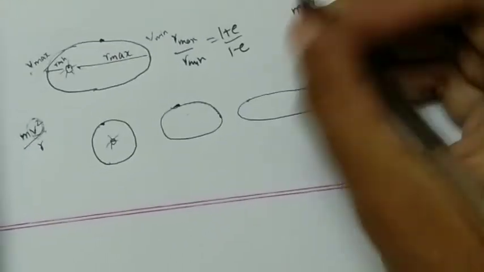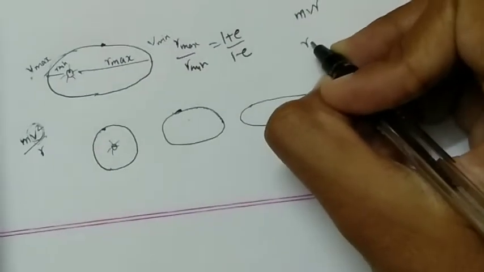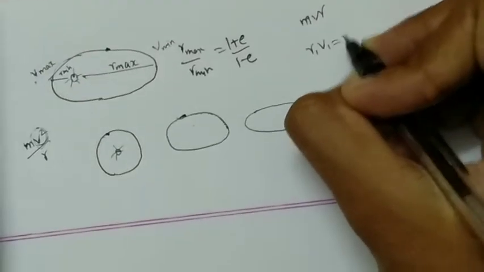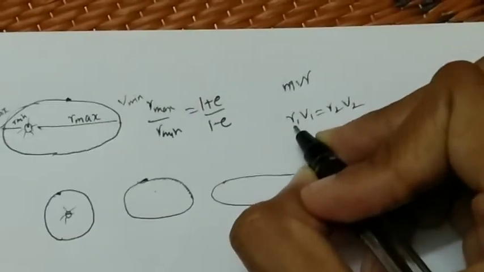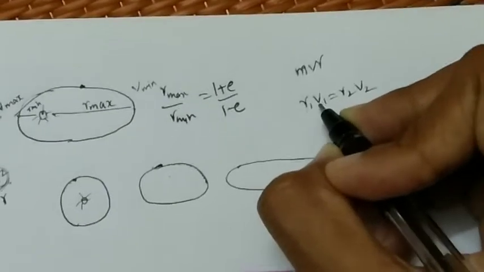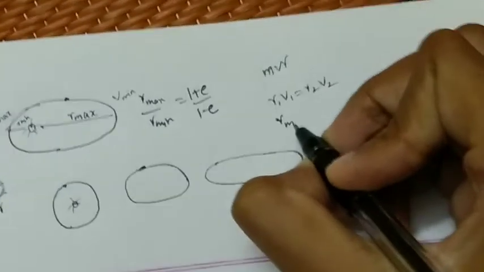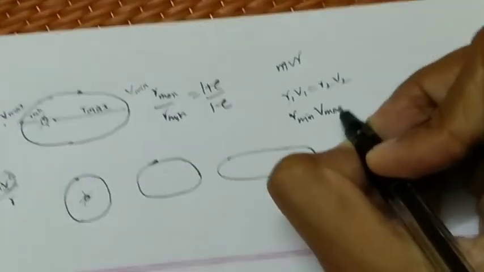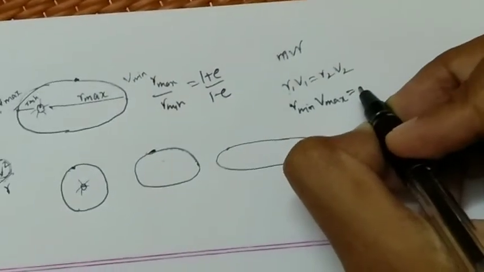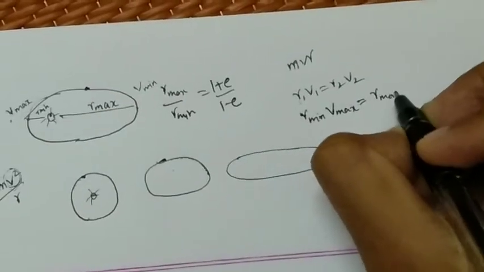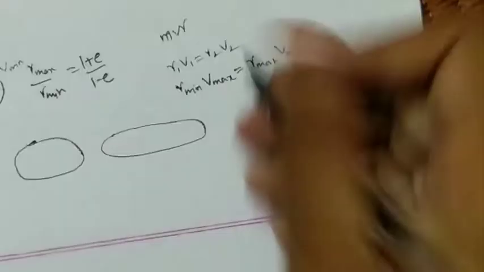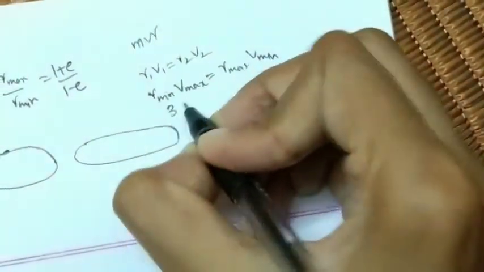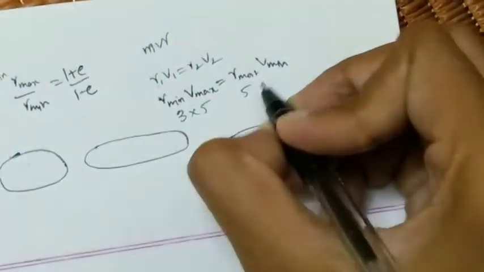So from this principle we have R1 V1 equal to R2 V2, which means the product of distance and velocity should be constant. So if R is minimum, then V has to be maximum, and if R is maximum, then V has to be minimum, so that their products are the same, just like 3 fives are 5 threes.